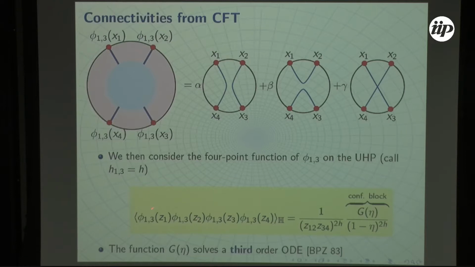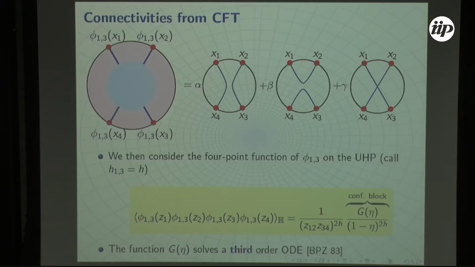So this 4-point function is usually parameterized by a prefactor, which has a certain dimension, and then a function which is dimensionless, which I call here the conformal block. This is actually a function which encodes the algebraic structure of the CFT. So it's like some spherical harmonics in the angular momentum.